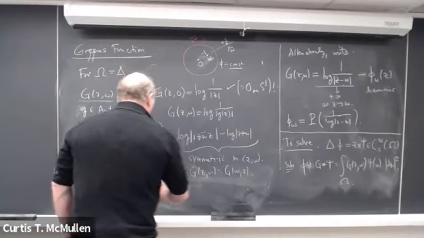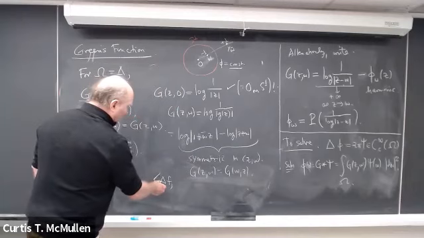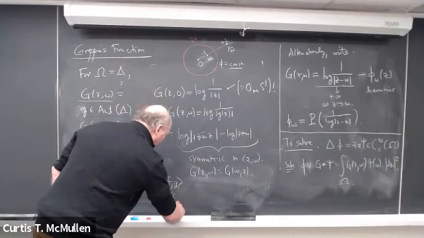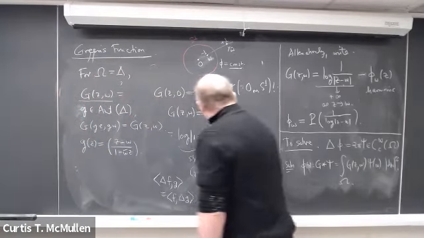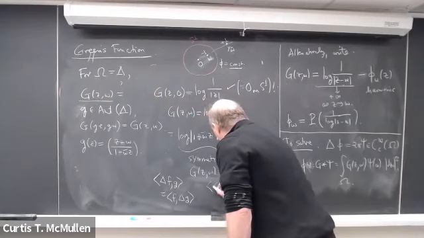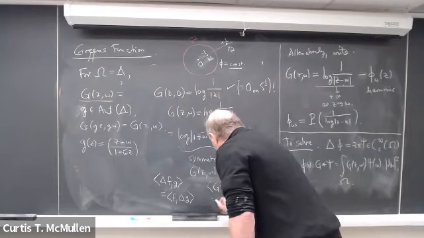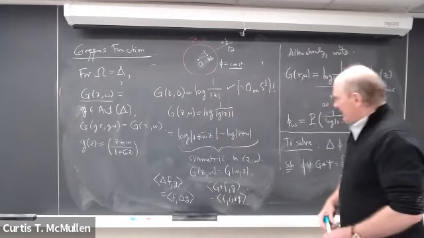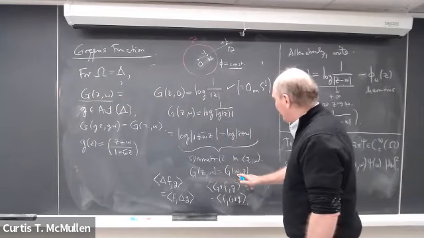This should remind you of the fact that the Laplacian has the property that when you take the Laplacian of F and integrate it against G, it's the same as taking F and integrating it against the Laplacian of G. And this equation, the symmetry of capital G, is equivalent to saying that if we take G and convolve with F and then integrate against G, that's the same as taking F and convolving G against G. So in other words, this symmetry is tantamount to the statement that G is a self-adjoint operator.